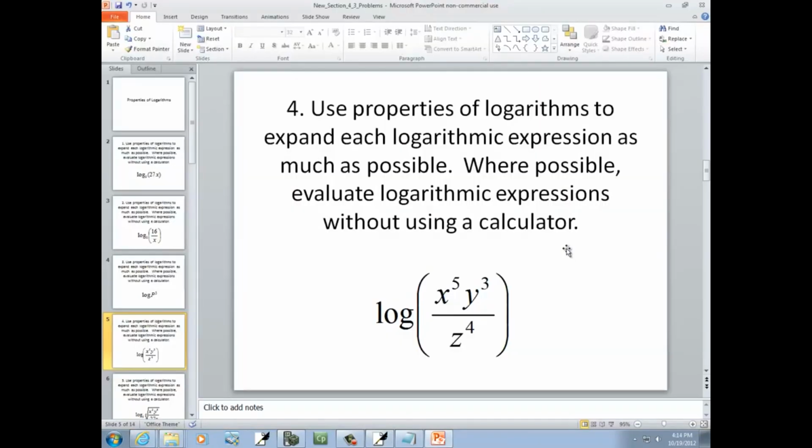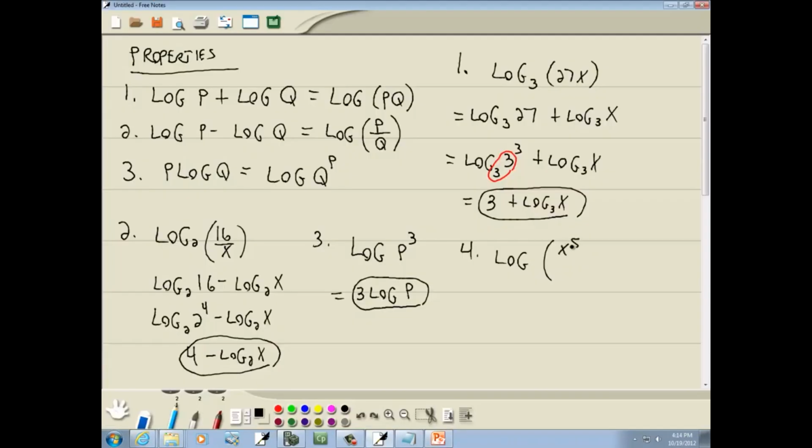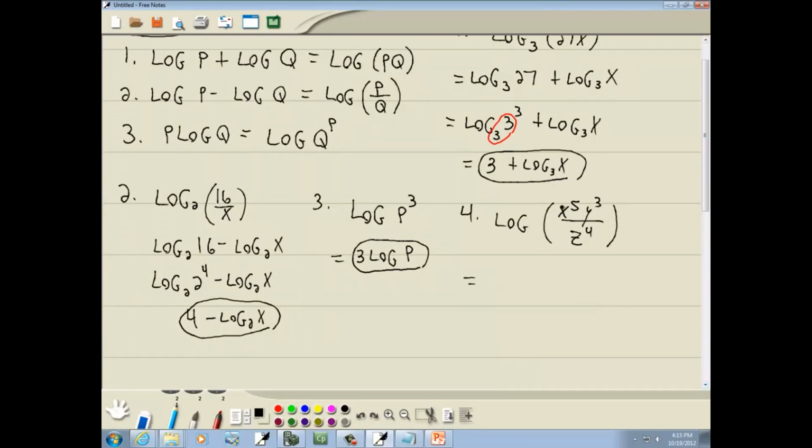So here we've got log of x to the 5th, y to the 3rd, over z to the 4th. Okay, again, you have to see what the main thing happening here is. The main thing happening is we've got something on top divided by something on the bottom. Well, from property 2, division becomes subtraction.